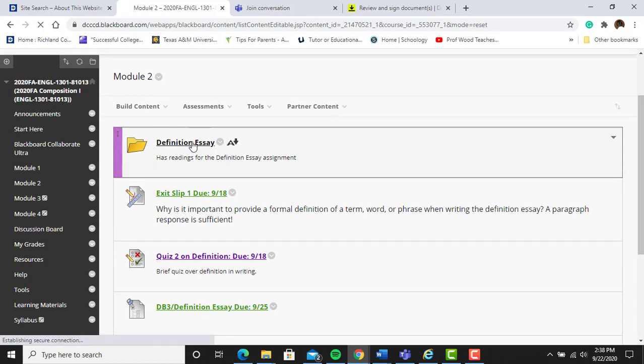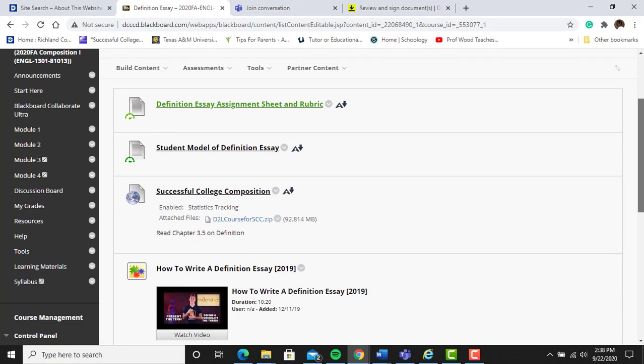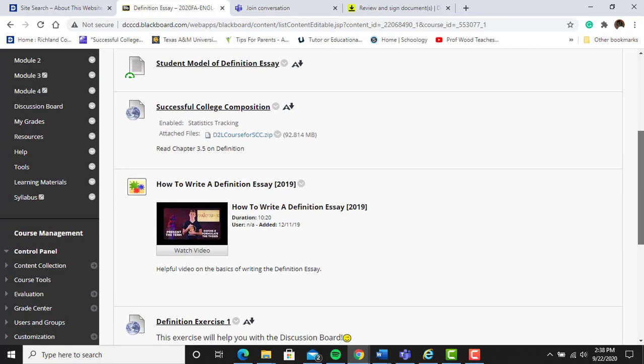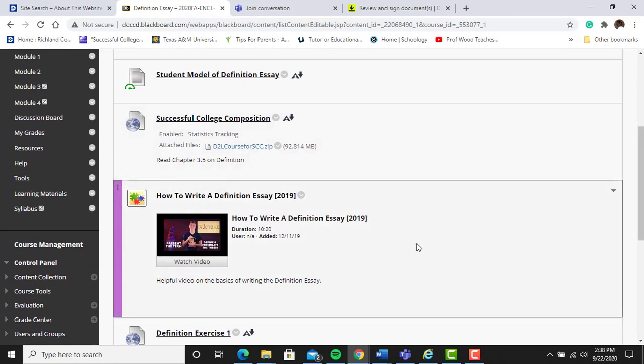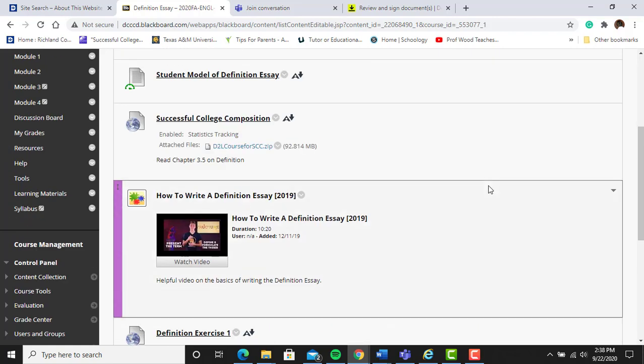I'm going to go to the definition essay folder. There's also a couple of exercises that I've placed in the folder. Definition exercise 1 and 2 are coming from the Successful College Composition ebook. So go on and do both assignments.